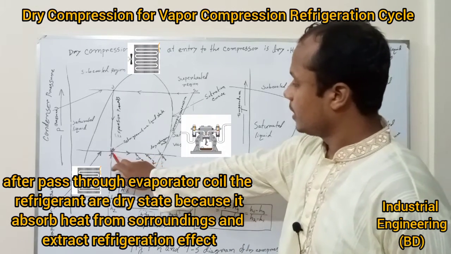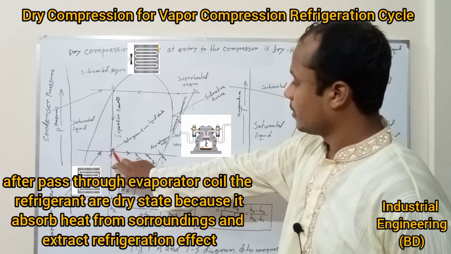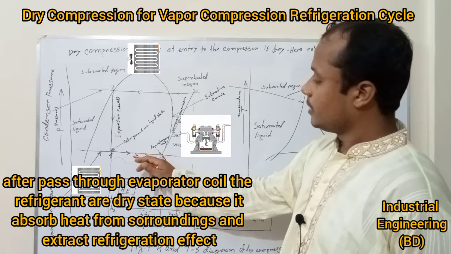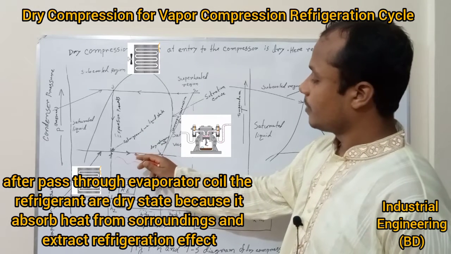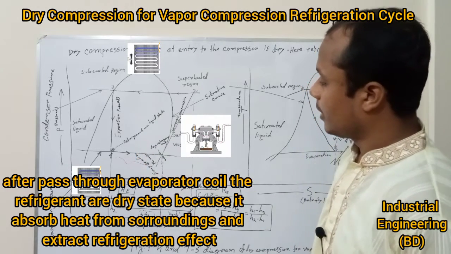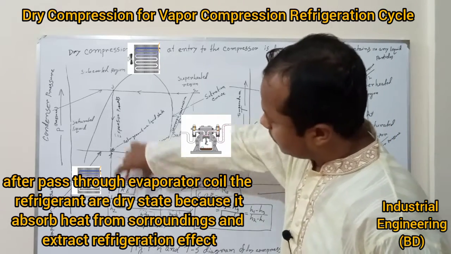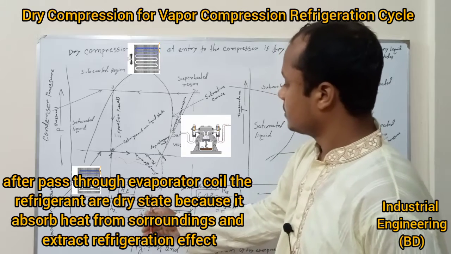Here you see that 4 to 1 is the evaporation process. In this process, it absorbs heat from its surroundings and extracts the cooling effect. So in this portion we can write H1 minus H4.